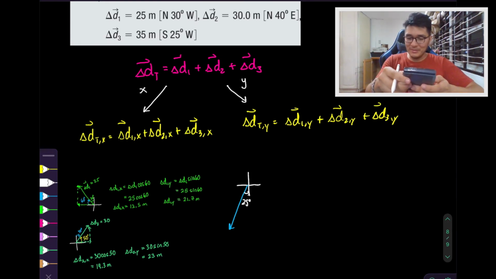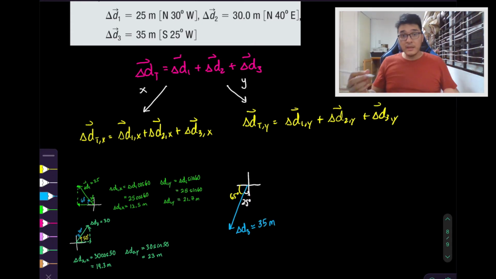They're just mean. So this is 65. Delta D3 is 35 meters. And because now we found the angle closest to the x-axis, the x component is the cosine of the angle and the y component is the sine of the angle.